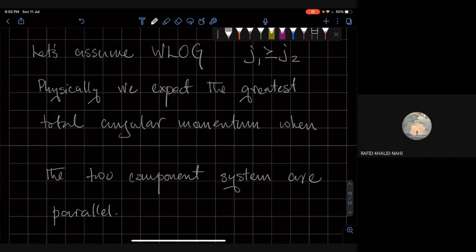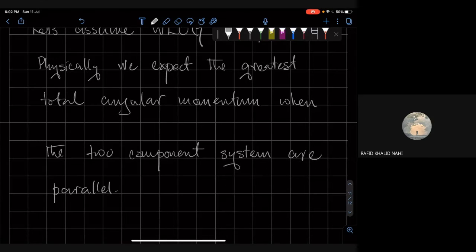What does this mean? This means that both of their z values of angular momentum are pointing in the same direction. So in that case, we would expect J to be, say, J1 plus J2.